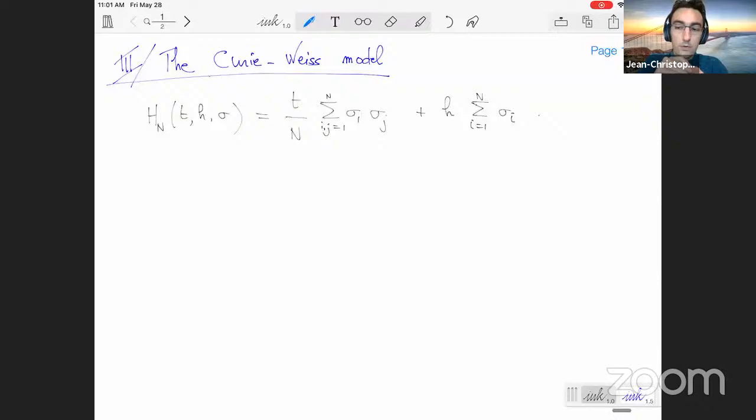So the gist of the story is that whenever we give ourselves some energy function, we construct this associated Gibbs measure by looking at the probability measure, which to each configuration attributes a weight proportional to the exponential of some coefficient times this energy function. And this coefficient, I denoted by beta last time, is the inverse temperature.